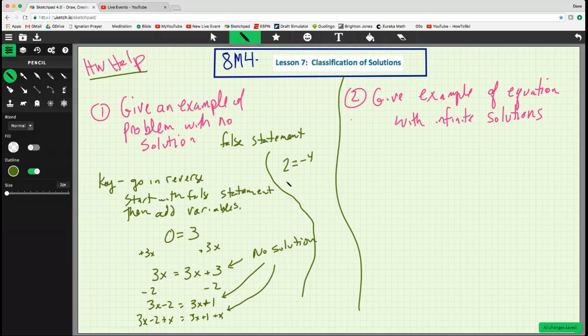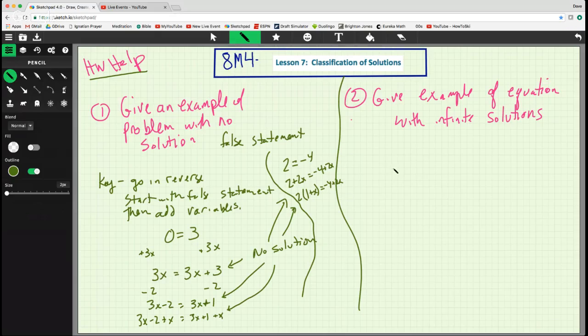Let's just add 2x to both sides. 2 plus 2x equals negative 4 plus 2x. And then I can just undistribute and say 2 times 1 plus x equals negative 4 plus 2x. And these will be no solution. So that's how I build them.